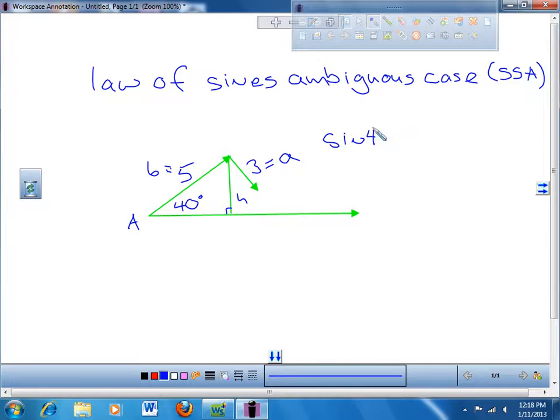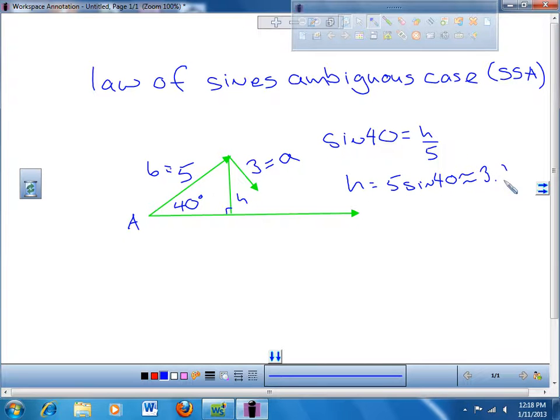So the sine of 40 is equal to h over 5. So h comes out to be 5 sine 40, which on your calculator comes out to be about 3.2.